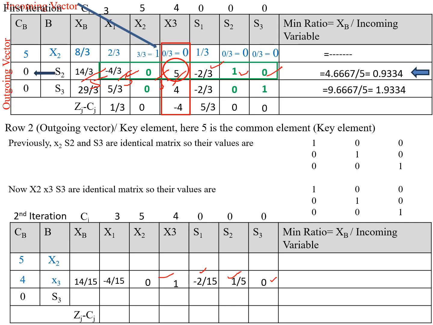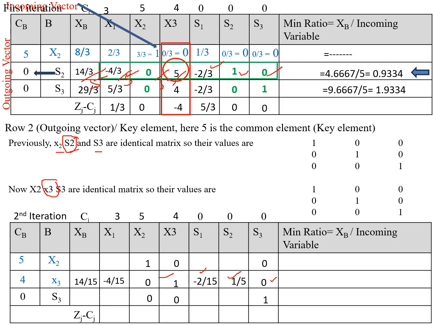So previously x2, s2 and s3 are the identity matrix and its values are 1 0 0, 0 1 0, 0 0 1. Now we are replacing the x2 with the x3. So now x2, x3 and s3 are the identity matrix. Their values will become 1 0 0, 0 1 0, 0 0 1.